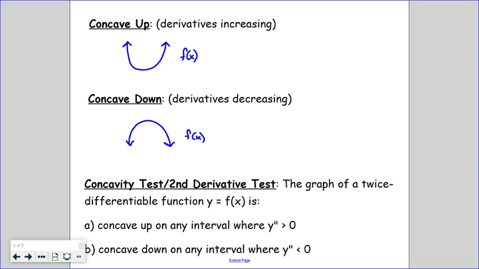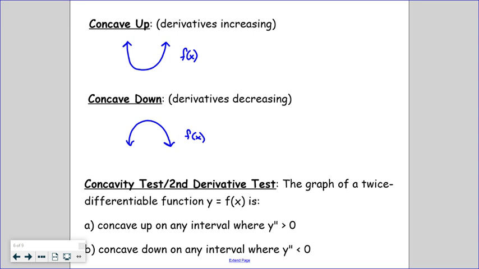The second part I have listed as two things, concavity test and second derivative test. The reason I have that listed as two different things is because depending on where you look, it can be called two different things. I kind of like that it's both because, first of all, it tells you what it finds when you call it the concavity test. It tells you how to find it when you call it the second derivative test.